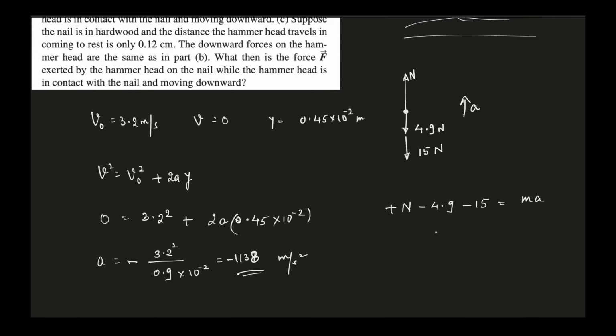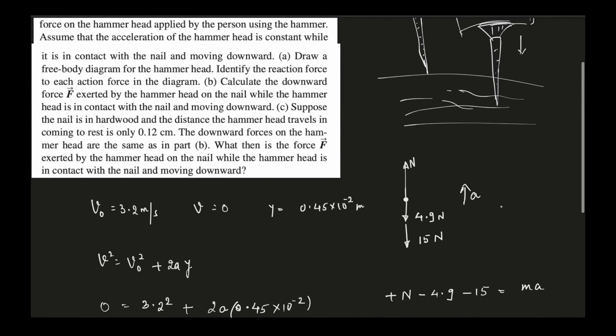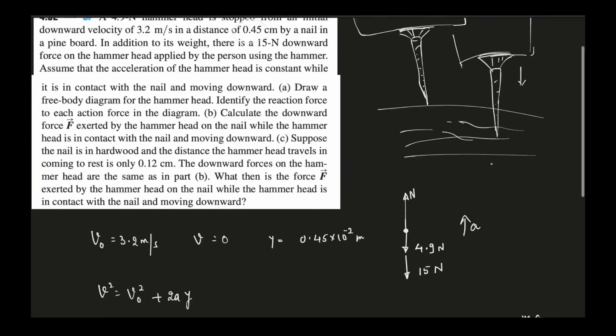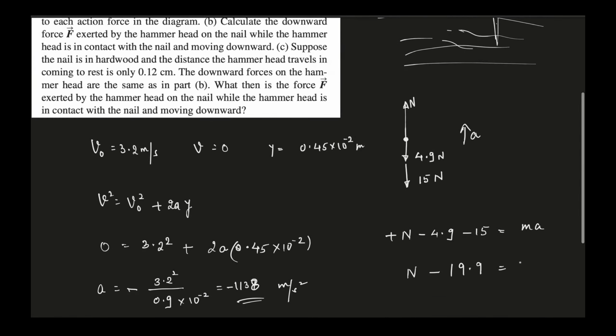A is the acceleration, m is the mass of the hammer. Mass of hammer will be 4.9 divided by 9.8, into 1138.